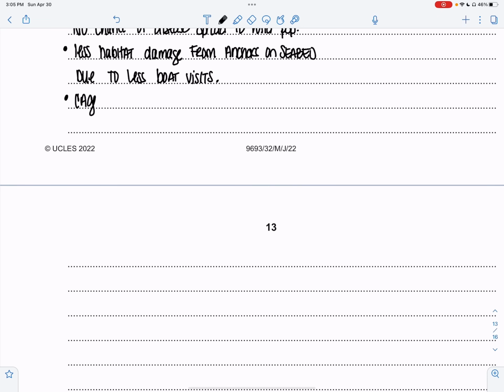The cages can be lowered in adverse weather, so maybe if there's really big waves and that's causing really strong currents. I can say this reduces damage to cages.